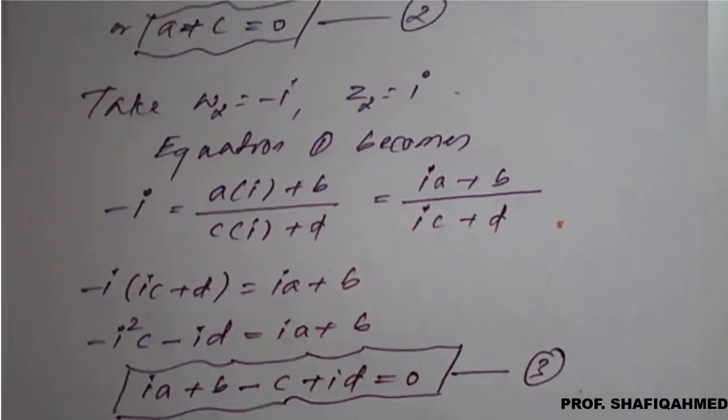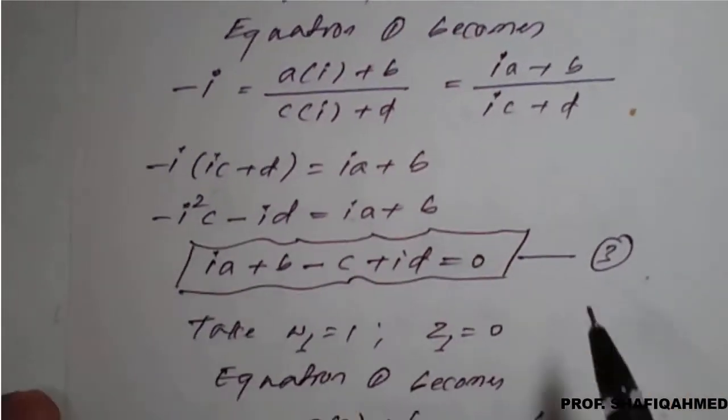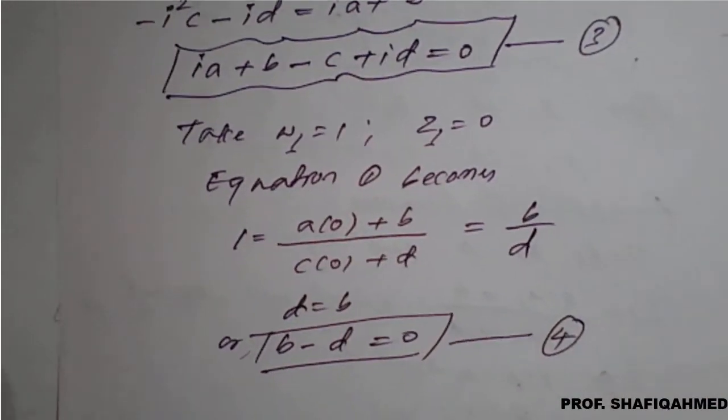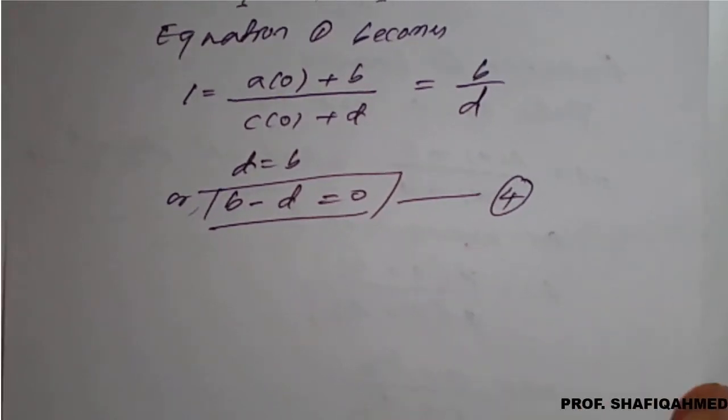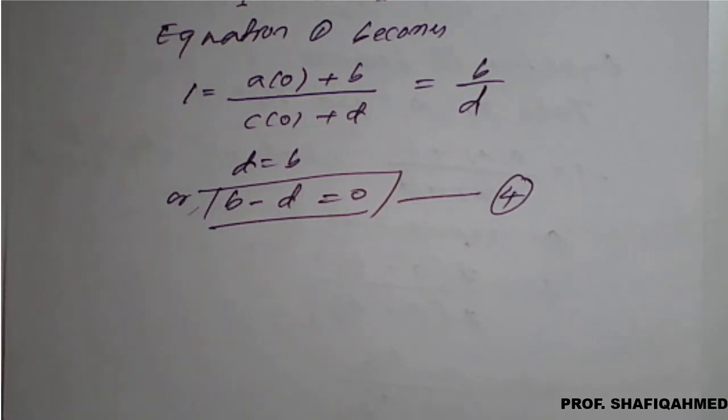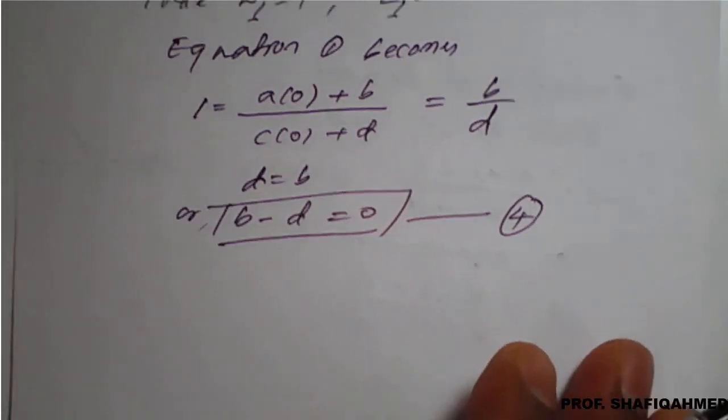So with the help of these equations 2, 3, 4, we have to get the values of A, B, C and D, which are nothing but complex constants. For simplification we have to do many arrangements.